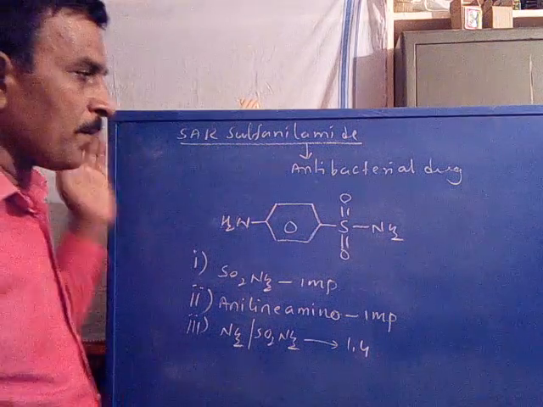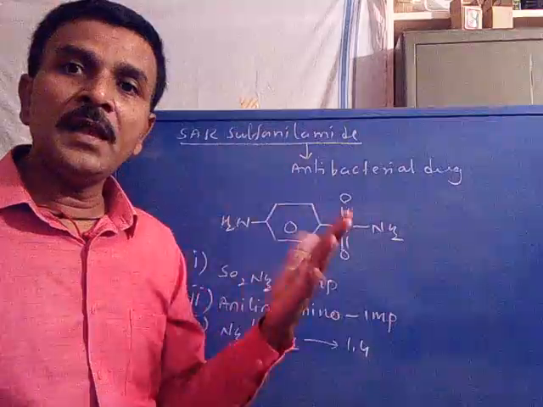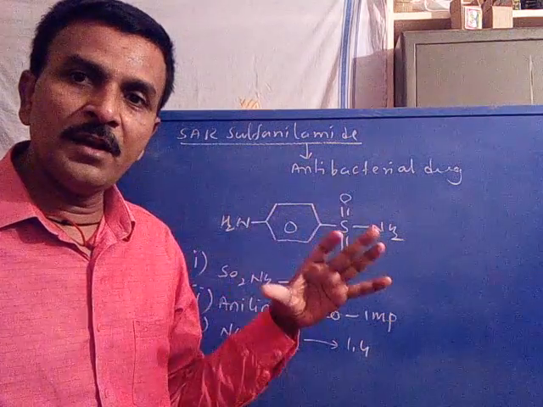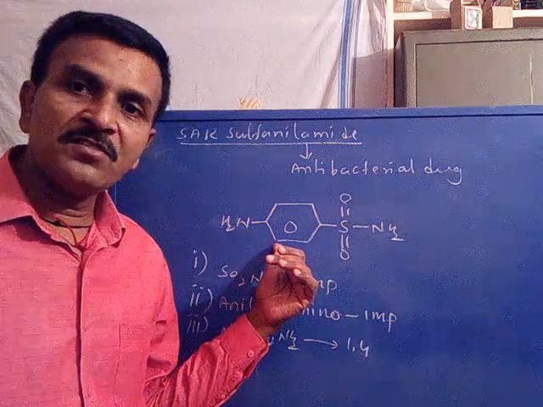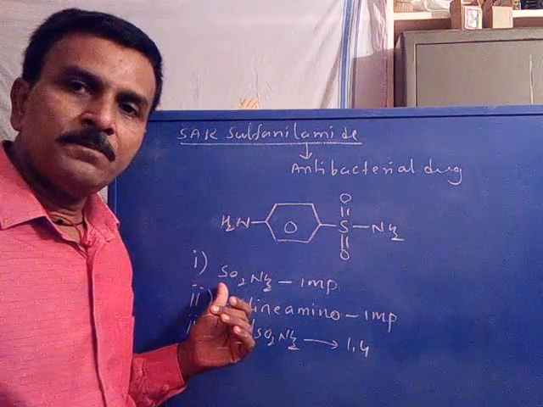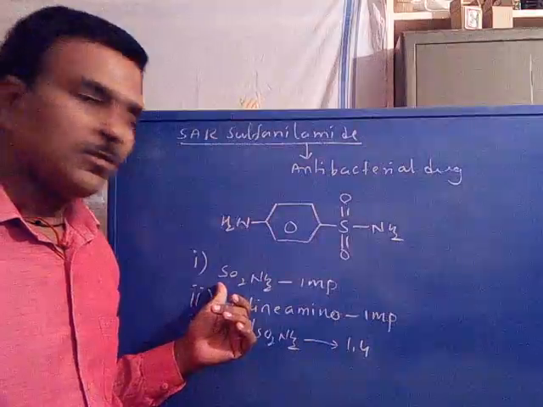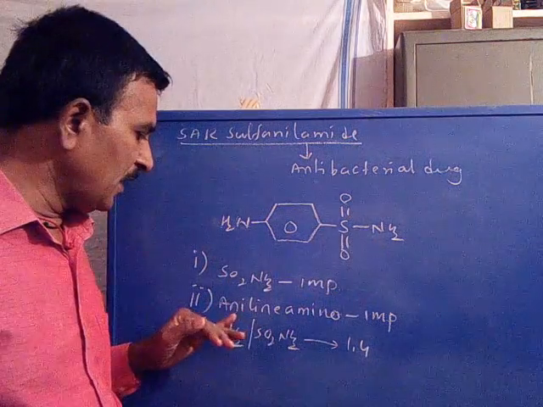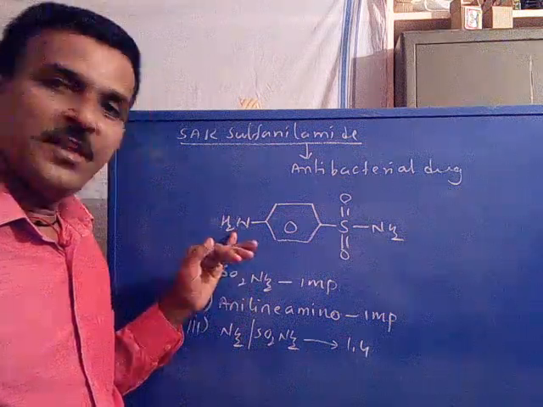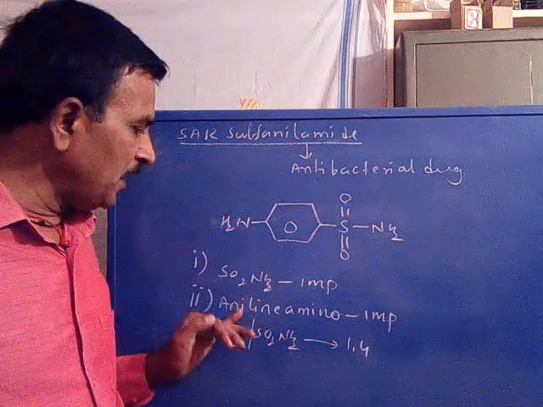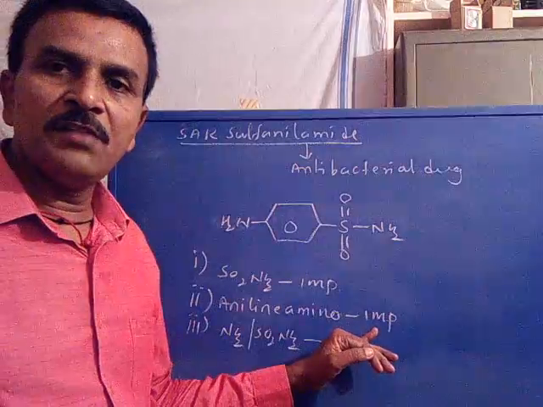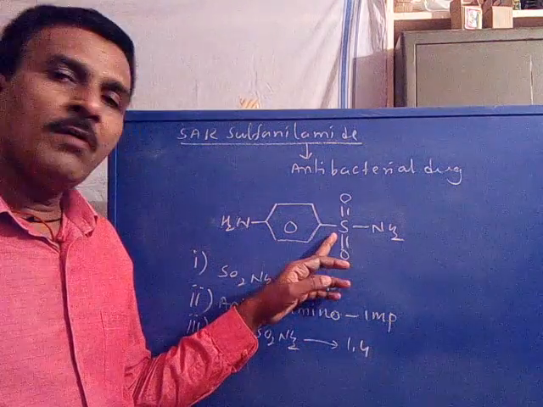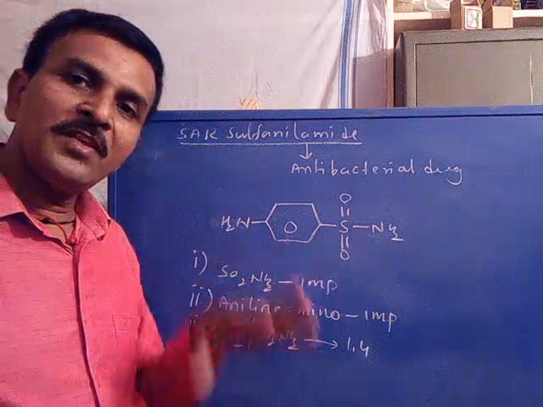Are you following? We are evaluating the structure and antibacterial activity of the sulfonamide drug with respect to its structure. Number 1, SO2NH2 group is very essential for the antibacterial activity. Similarly, the aniline amino group is also essential for the antibacterial activity. How can we say? Removal of the SO2NH2 group loses the activity.